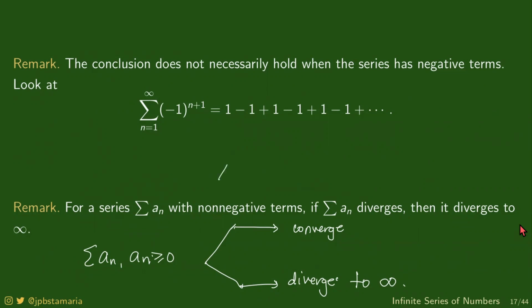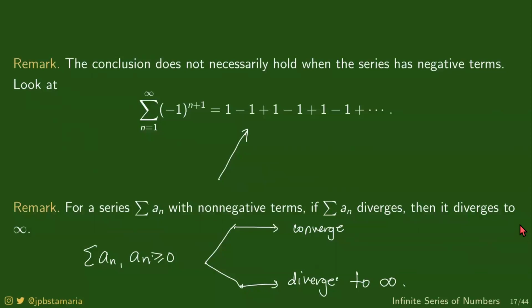Hindi mangyayari yung nakaraan. Kasi itong series na to, nag-diverge pero hindi sa positive infinity. It simply diverges kasi walang limit. Did you understand? In other words, mas simpleng i-analyze ang mga series with non-negative terms.